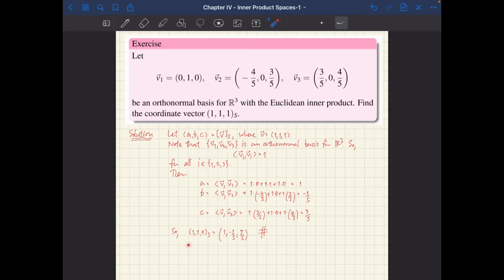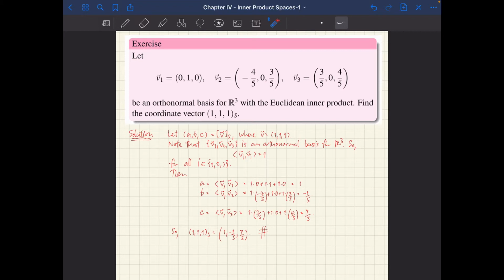So the answer is the triple (1, -1/5, 7/5). If you need to copy this page, please pass it.